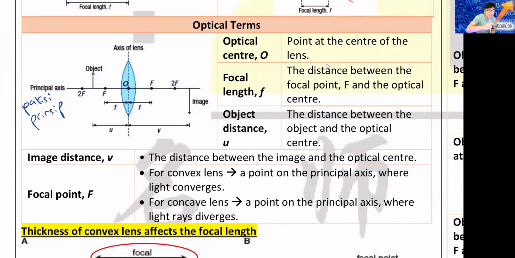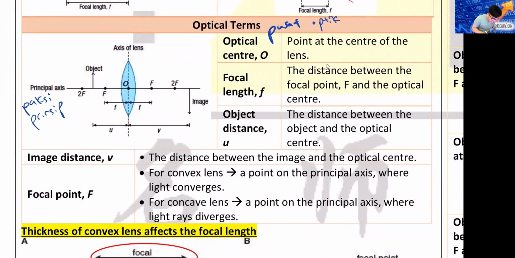At the middle of the lens, right in the middle, is your O, which is called optical center, in BM pusat optik. Sorry, brain fart. So this is your pusat optik, that means your optical center.